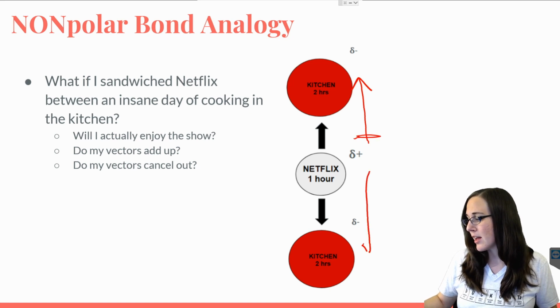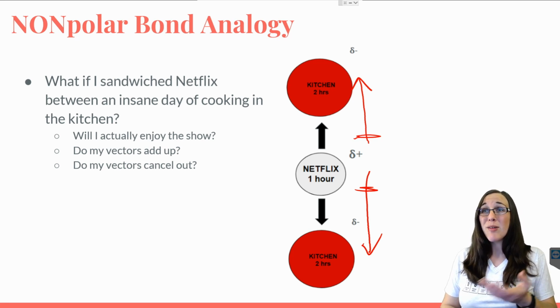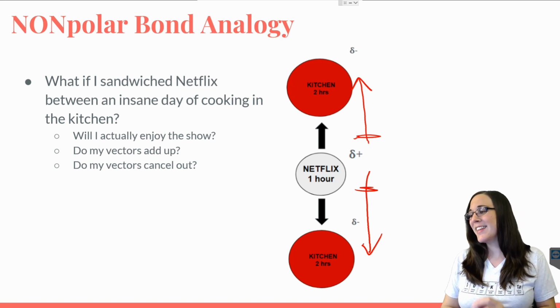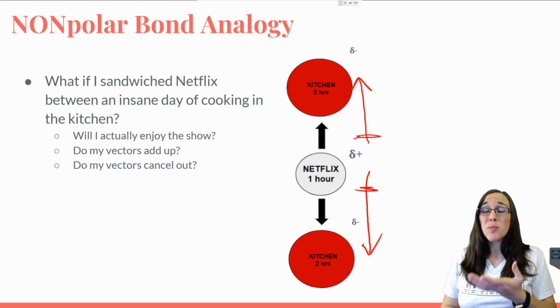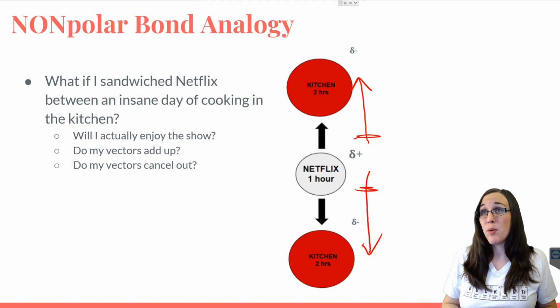I'm going to do that for the other side as well. Hopefully this looks familiar to what we just did with vectors. They are about the same size. I apologize, my drawing isn't that great on the Surface Pro, but the vectors are about the same size and they're pointing in opposite directions. In this case, the vectors are going to cancel out. So the bond that we're looking at here for the molecule overall is 0. There is no net dipole moment.